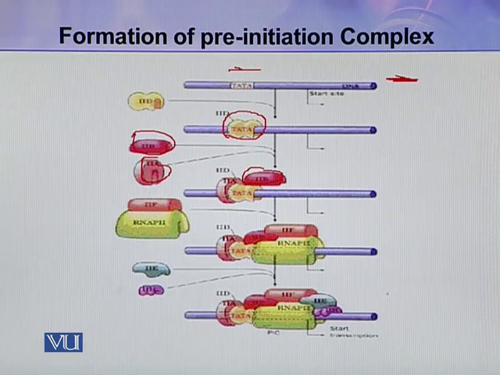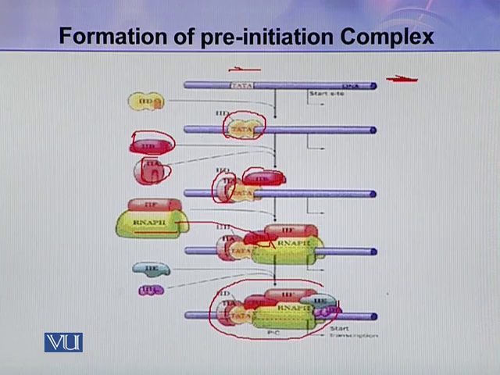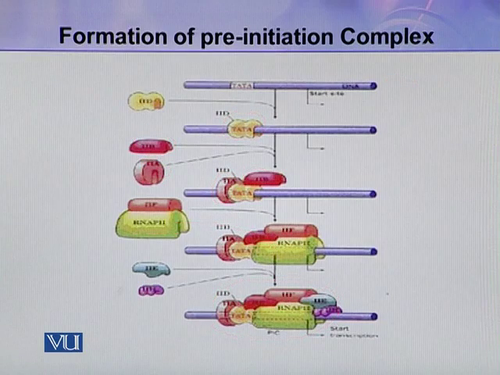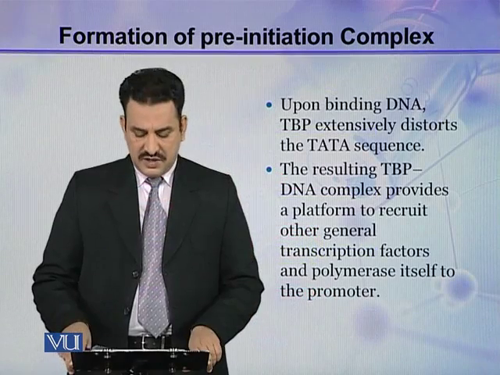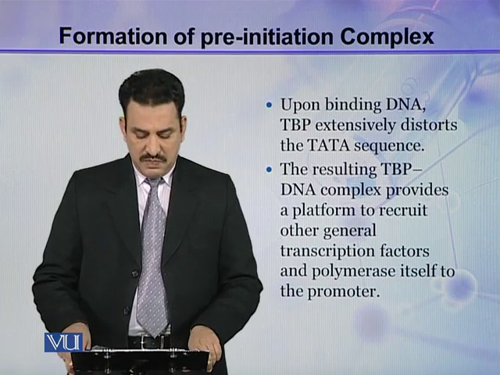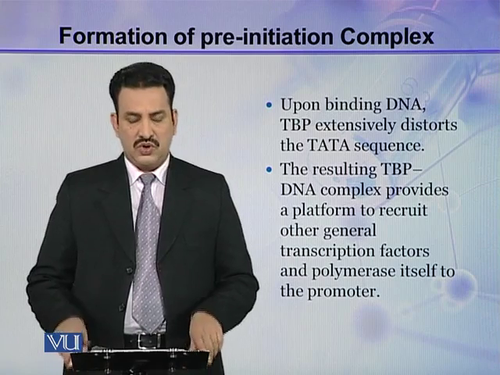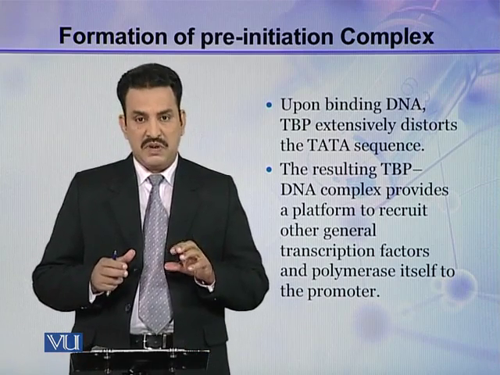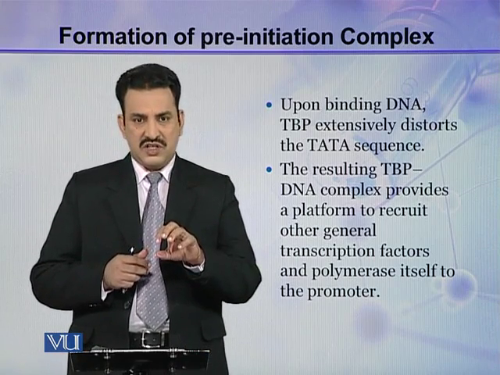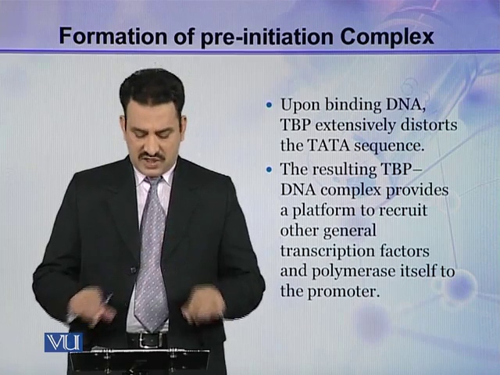So these other general transcription factors bind, and finally RNA Pol II also binds, and this whole complex is called the pre-initiation complex. Upon binding DNA, TBP extensively distorts the TATA sequence. So when TBP binds to TATA, it extensively distorts this TATA sequence.